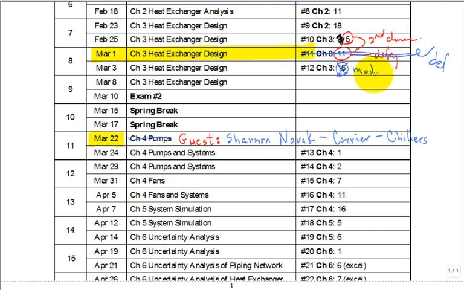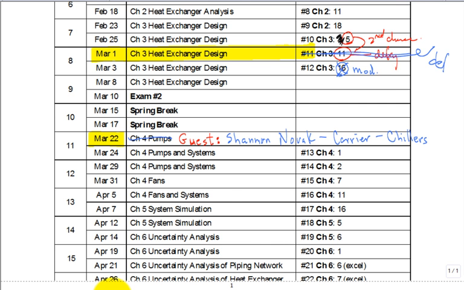Okay? So this will be due March the 3rd. If you did chapter 3, problem 11, you want to turn it in, I'll give you credit for it, but don't go do it for extra credit. You don't have time. Okay? So let's talk about this problem that'll be due next time, and we'll work on it, okay?